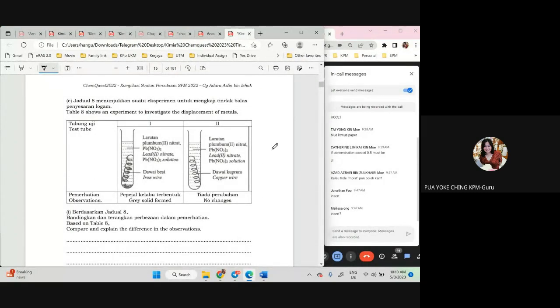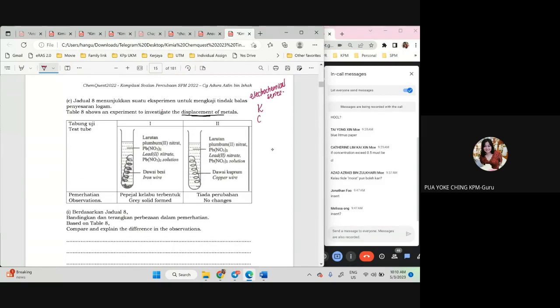Okay, ini displacement of metal. Displacement of metal pun senang. You must remember your equation, your electrochemical series. Yang atas displace bawah.